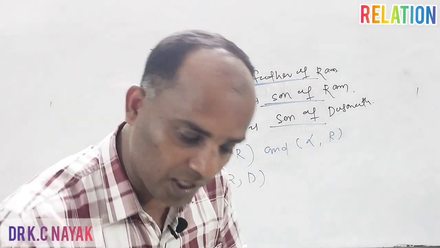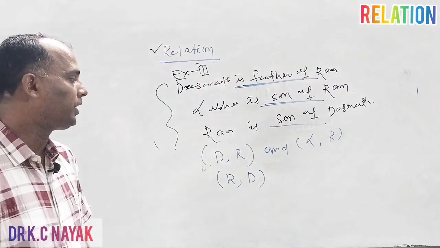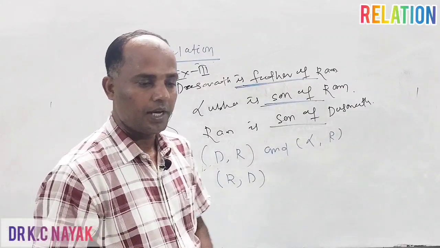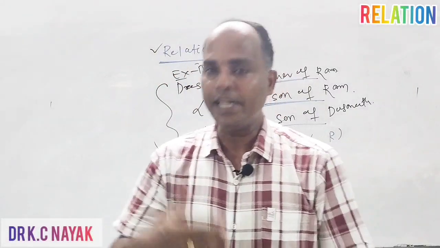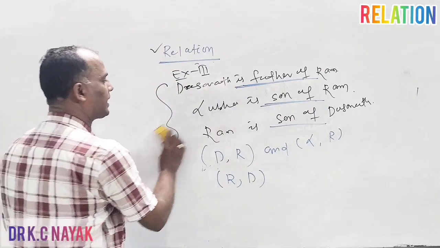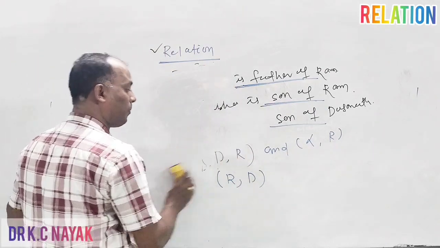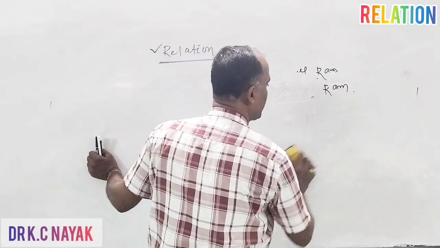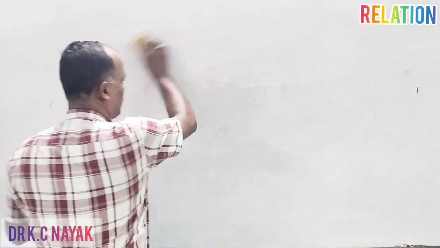This type of association between two elements also develops a relation. In this way, relations are developed in case of different types of operations, and these operations are a development of set theory.